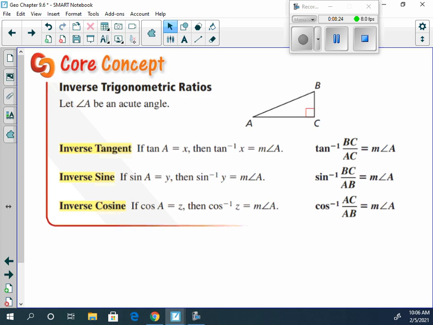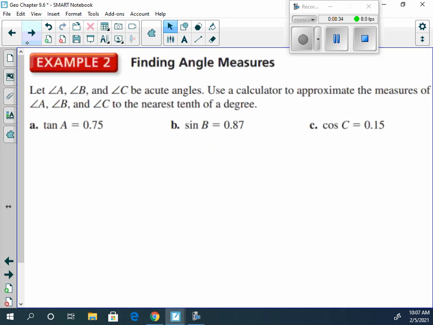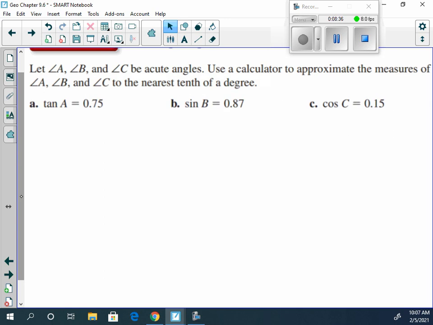Their inverses will take the ratio of the sides and give us an angle. So it will go the other direction, which is quite nice. Because what that means is that we can look at these here. So we have tangent of A and these listed out. And if you don't have that written down, that's fine, because the main thing is our inverses.